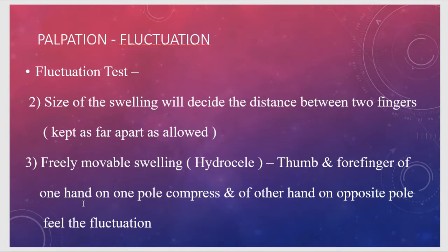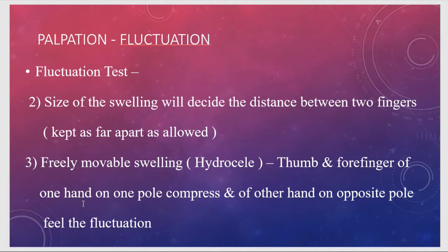The size of the swelling will decide the distance between the two fingers. How much distance should be there between the two fingers of our two hands? They are kept as far apart as allowed by the swelling, just to touch the two poles.